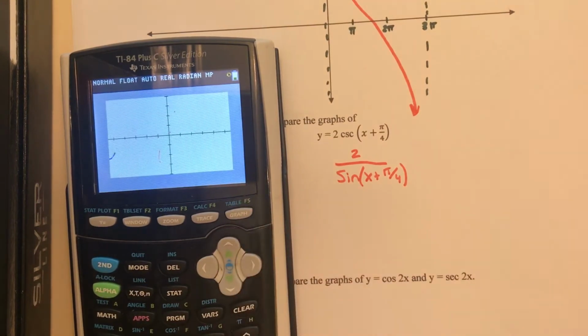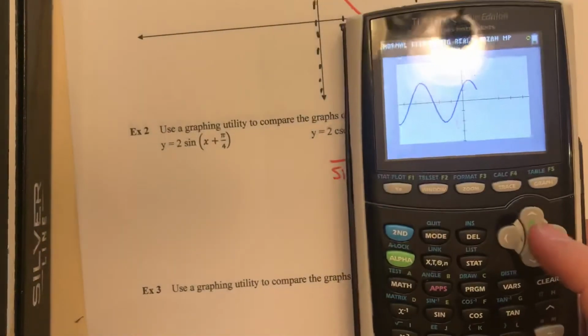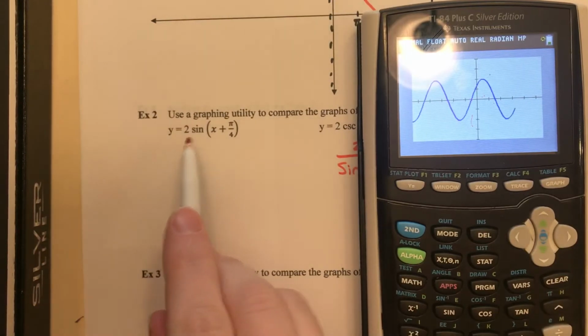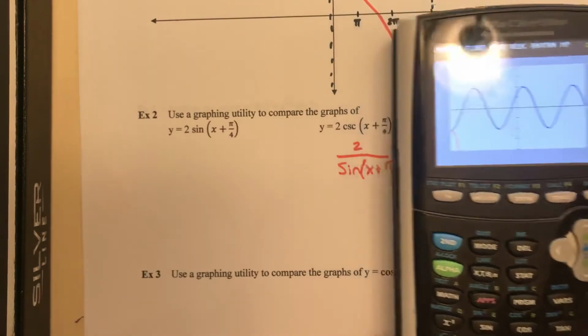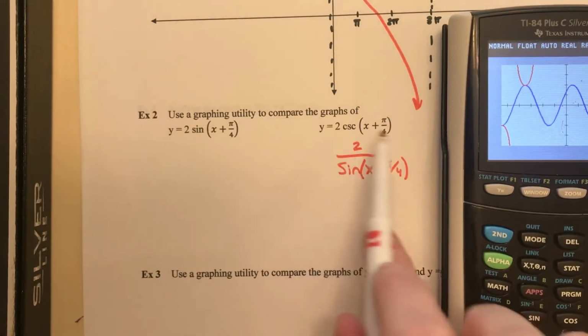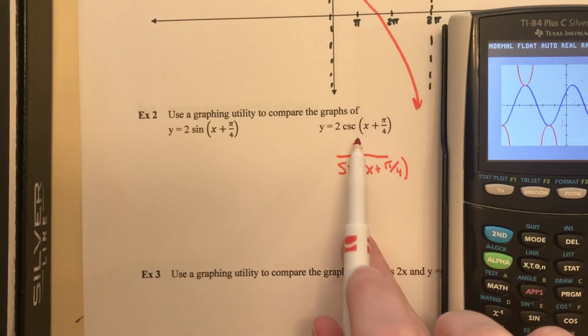Okay, hit graph. The first one, my blue function, is my sine curve, but it already has some stuff going on with it. The amplitude got changed, and it has a phase shift. The other graph has the same amplitude change and the same phase shift, but it's a cosecant graph.